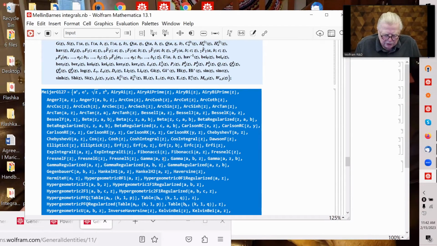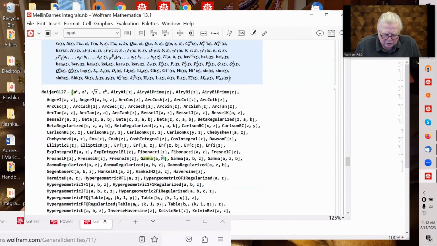Sometimes we need instead z use other construction like 1 minus z divided on 2 to build Meijer G form from Legendre functions, for example.